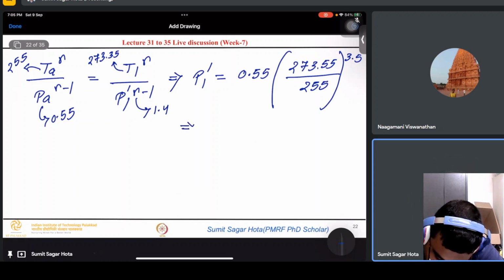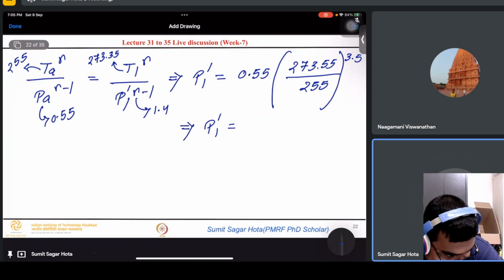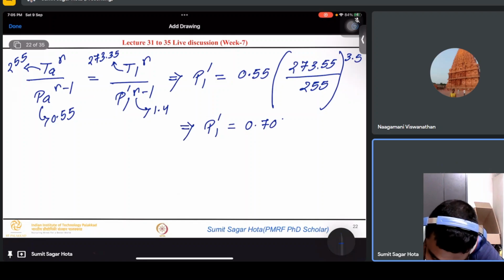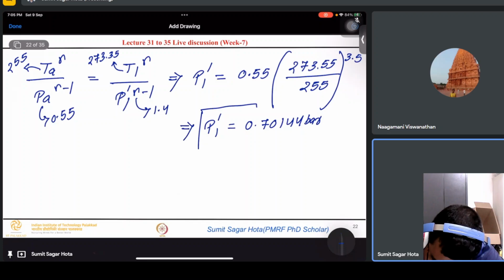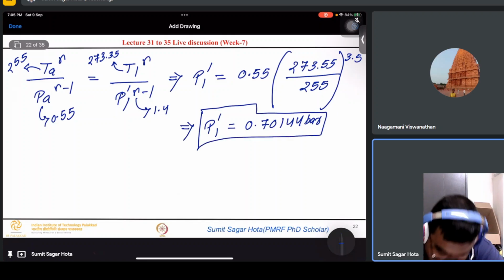Now if you solve this, you get P1 dash, and since all is in bar, the answer should be in bar: 0.70144 bar. Now you know P1 dash.